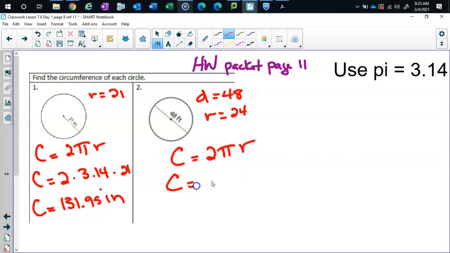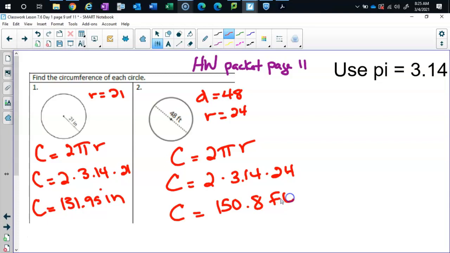So circumference is 2 times 3.14 times 24. When you punch that into your calculator, you are going to get 150.8 feet. Okay? It's just feet because it's not area.